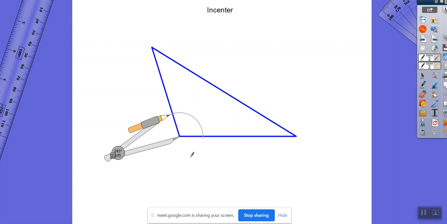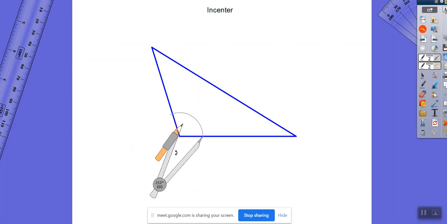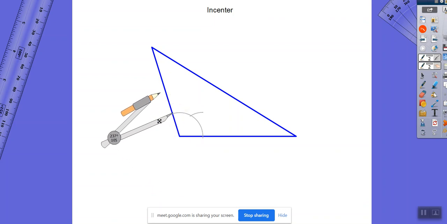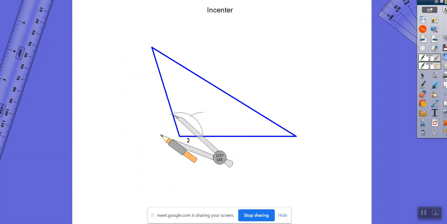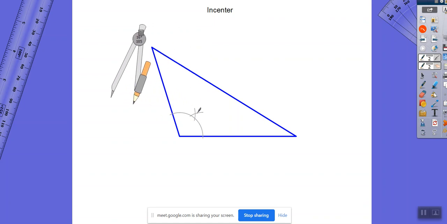Okay. All right. So once I find a point that is equidistant from the vertex, I'm going to make sure my compass is open where I would imagine the angle bisector to be, and I'm going to make an arc. Then, without letting my compass setting change, I will move my compass so that the metal tip is on the other intersection of my original arc and the leg of the triangle, thereby creating intersecting arcs.